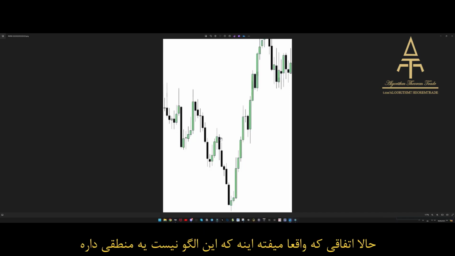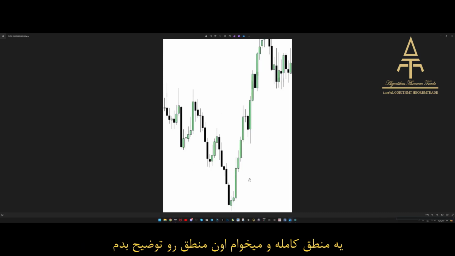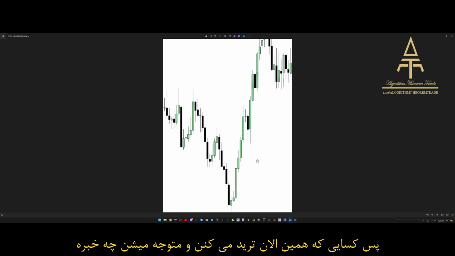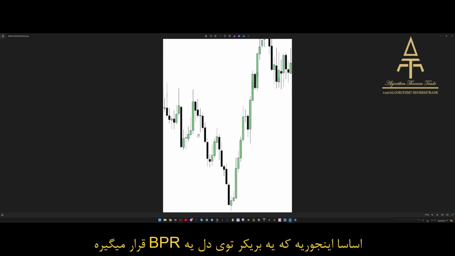Now what's really going on here is, it's not a pattern, it's a logic, it's a complete logic, and I'm going to explain the logic. The real unicorn is a breaker inside a SIBI, that the SIBI can fold inside the BISI. So for anyone that already follows trading and understands what's going on, it's basically the breaker falls inside a BPR.